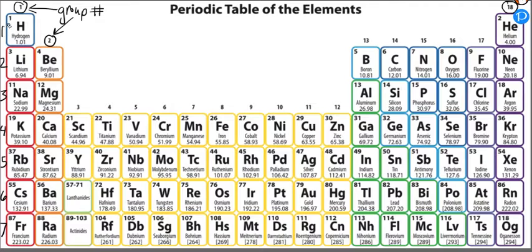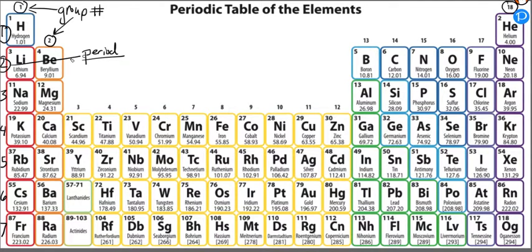These are called the period. This number here is referred to as the period, and a period is essentially the row that goes across.